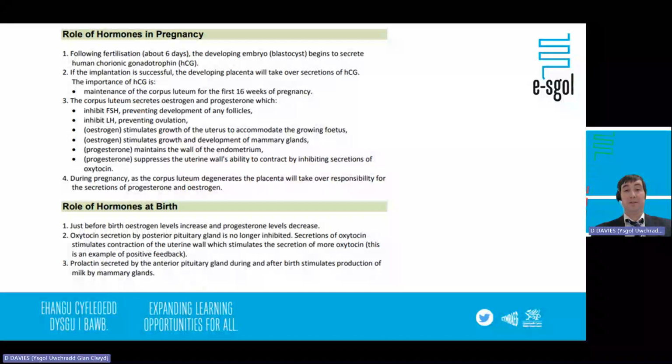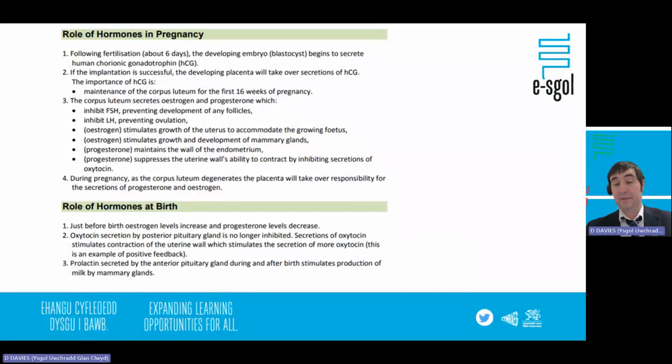And you'll remember maintaining the corpus luteum has an impact on progesterone, which has an impact on the thickness of the endometrium. Okay. Corpus luteum secretes estrogen and progesterone, which inhibits FSH, inhibits LH, so it stops any more ovulating happening, stops superovulation.